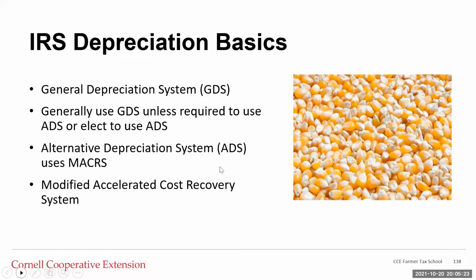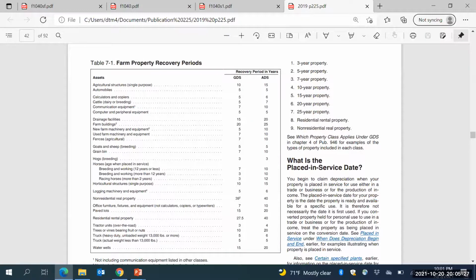This is a table from Publication 225, and my intent was to show that under the general depreciation system and the alternative depreciation system, the IRS puts forward a depreciable life of assets. Ag structures under GDS are 10 years, under ADS 15 years.